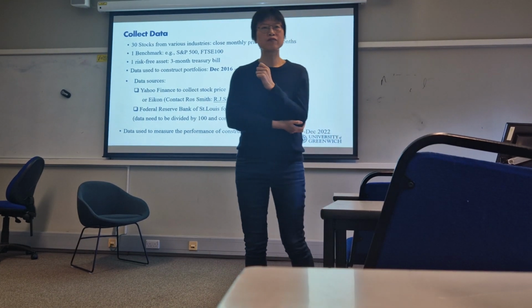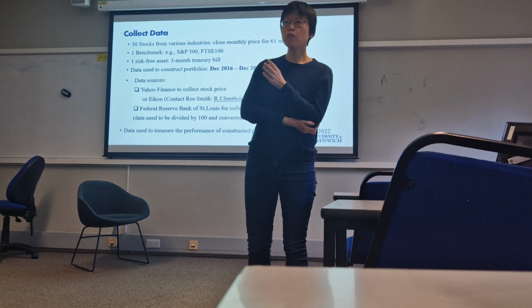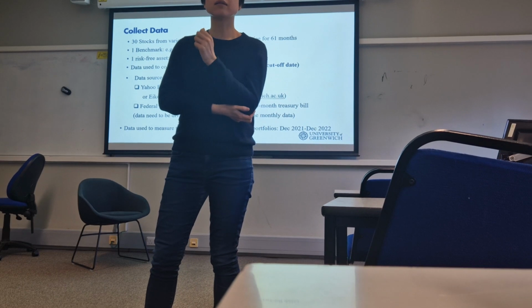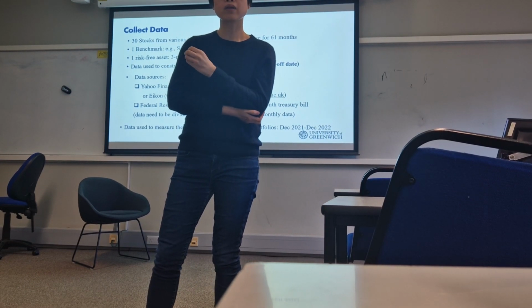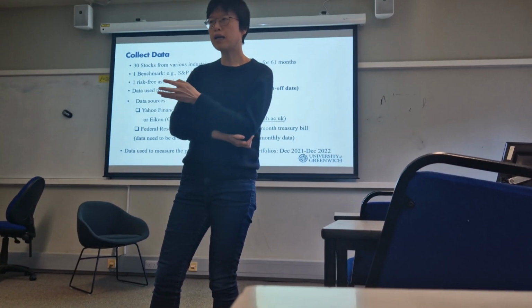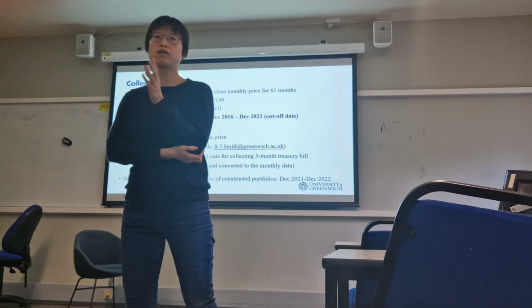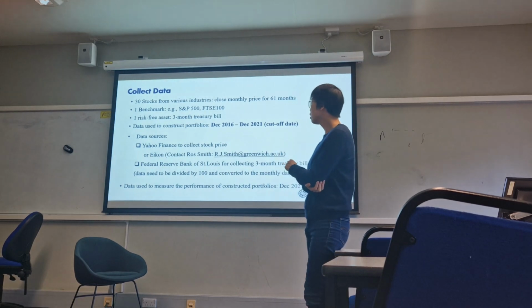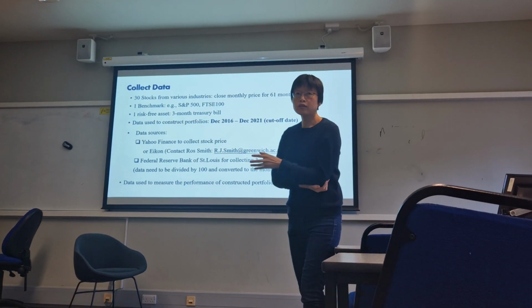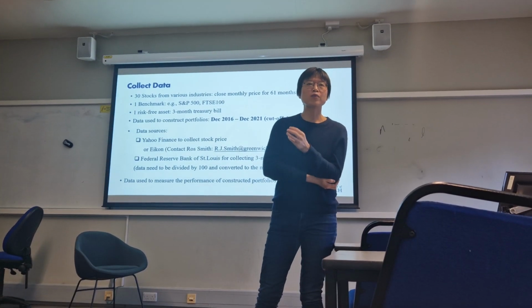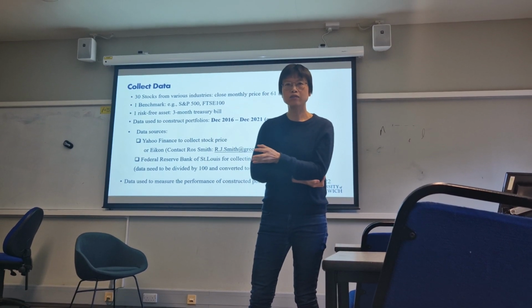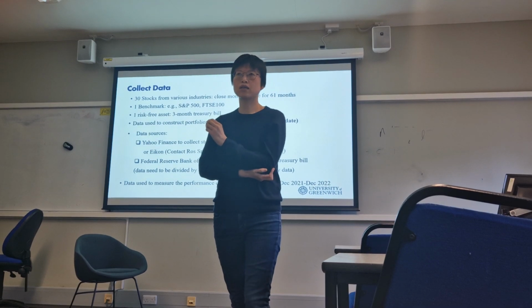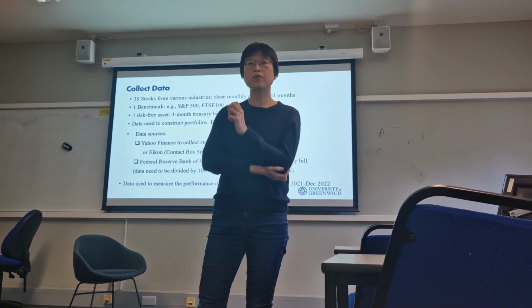And then one risk-free rate. Normally we use the 3-month treasury bill as the risk-free asset, so please select the data from the Federal Reserve St. Louis webpage. For the 30 stocks, we can easily collect data from Yahoo Finance or Eikon. Eikon could be very useful, but we need to get accounts from the library.